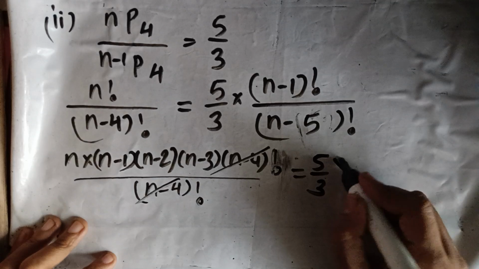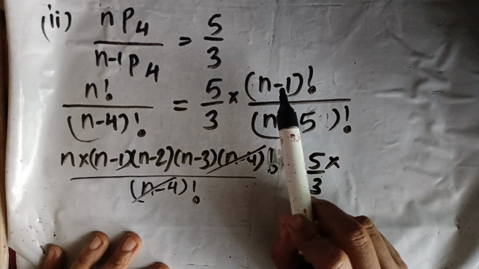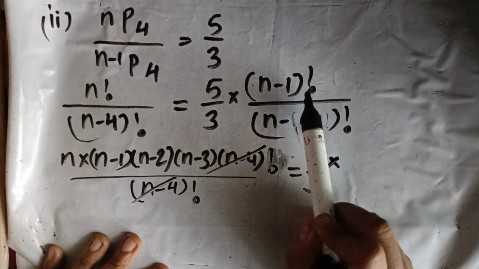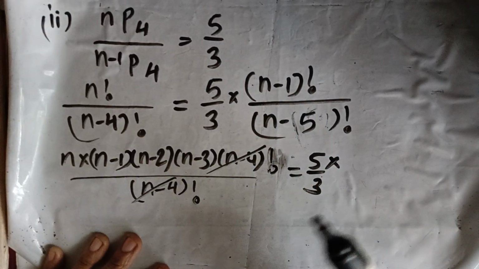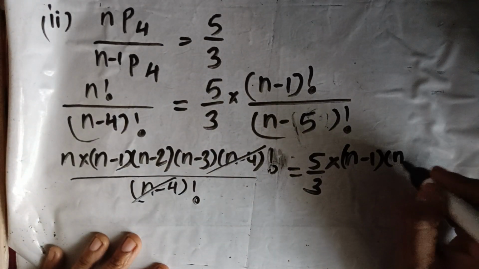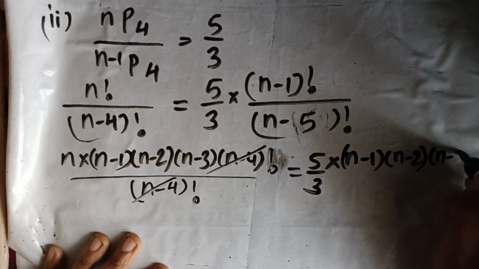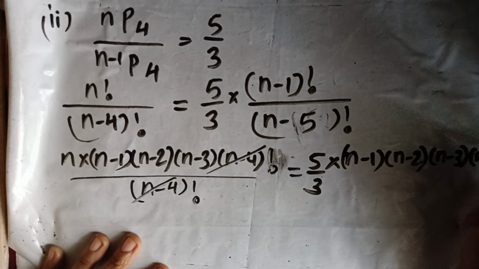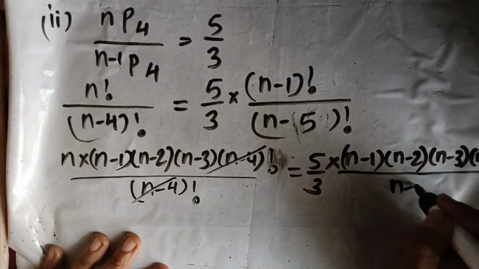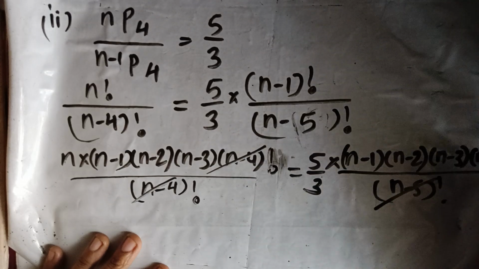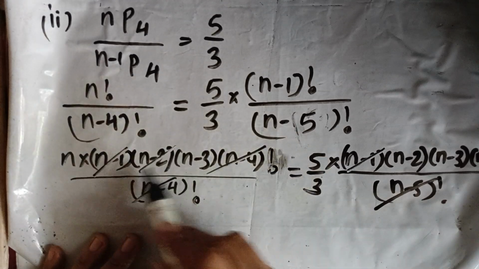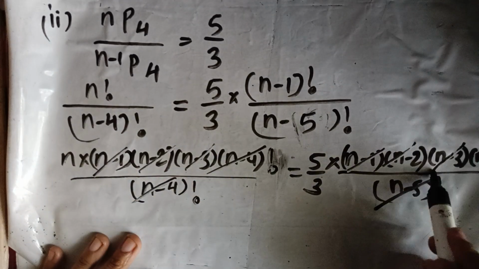Then on the other side, if you expand this, this will be n minus 1 into n minus 2, and n minus 3, n minus 4, n minus 5 factorial. So n minus 5 factorial gets cancelled. Then you can cancel n minus 1, n minus 2, n minus 3.